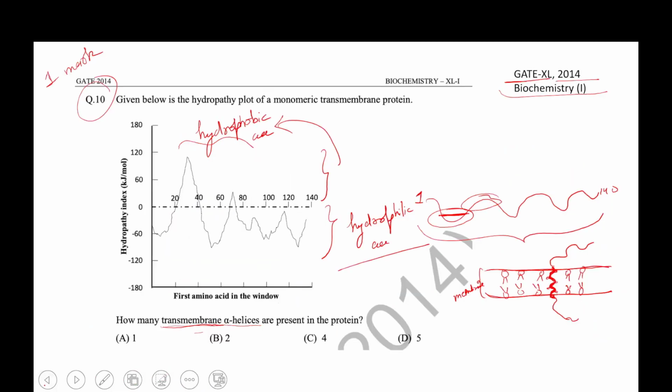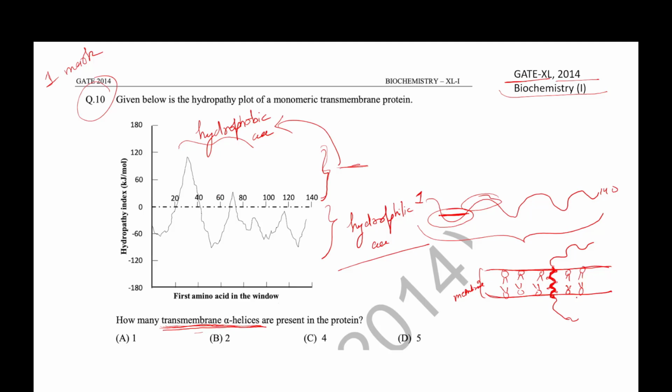So here, according to the hydropathy index graph, how many transmembrane alpha helices are present in the protein? If we see the side which shows the hydrophobic amino acid stretch, we can see two peaks. One peak is this one, another peak is this one. So there might be two transmembrane segments.